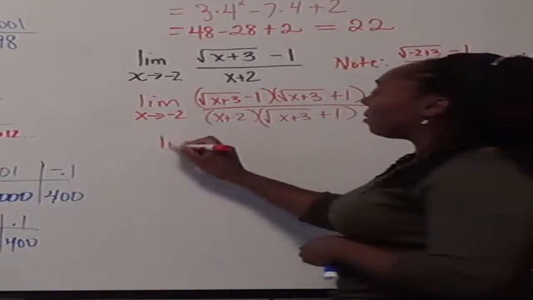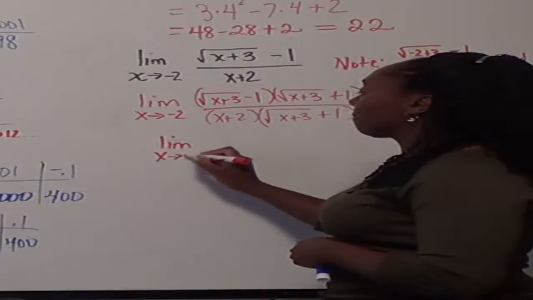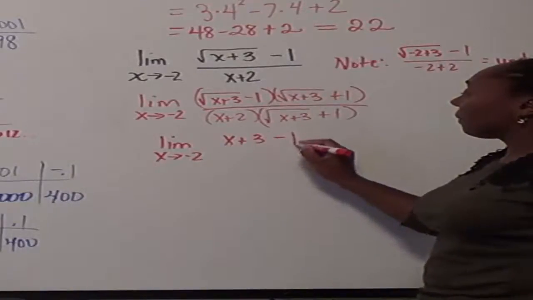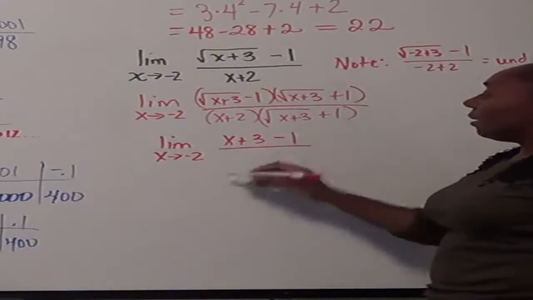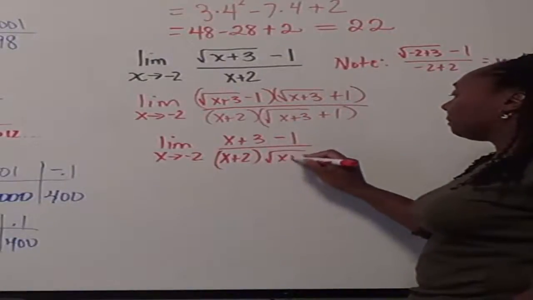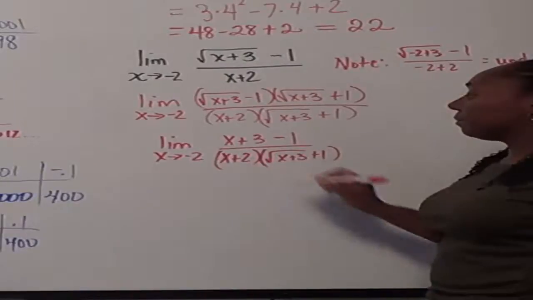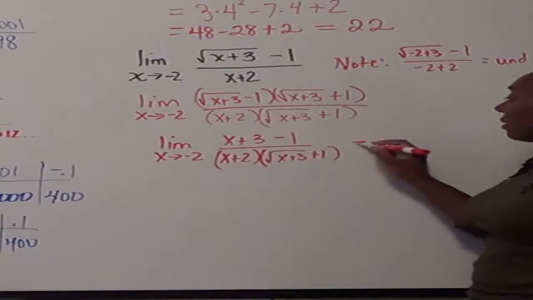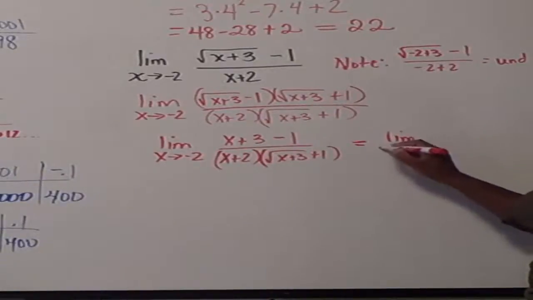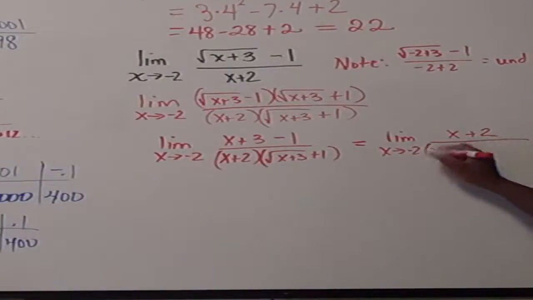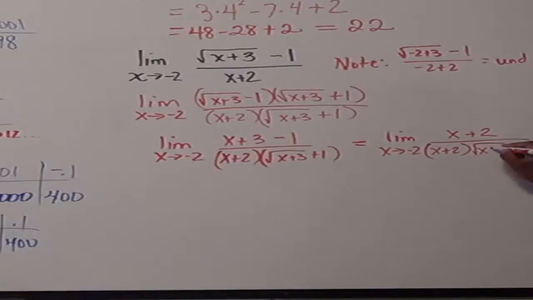Okay, but what I've noticed now is when I do that, I can combine the top, so multiply that out, and on the bottom, I'm just going to leave that alone for a minute. Okay. Now if I look at this, the top becomes an x plus 2. The bottom is an x plus 2 times our square root term.